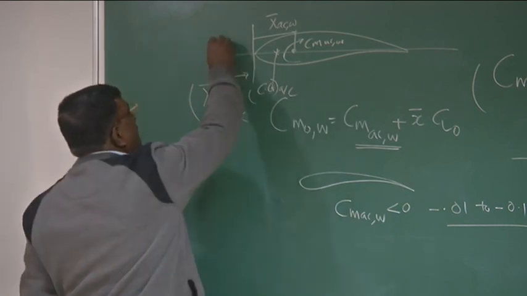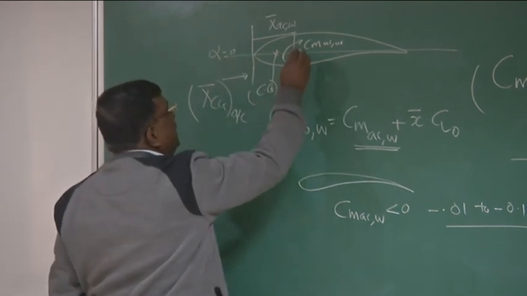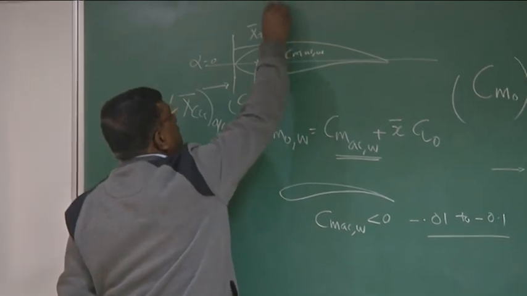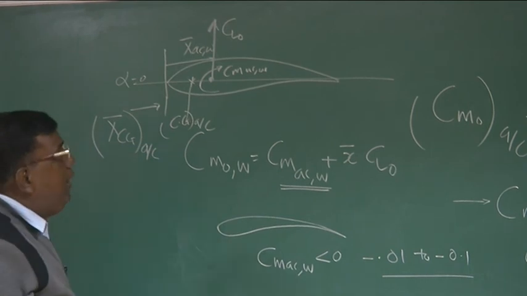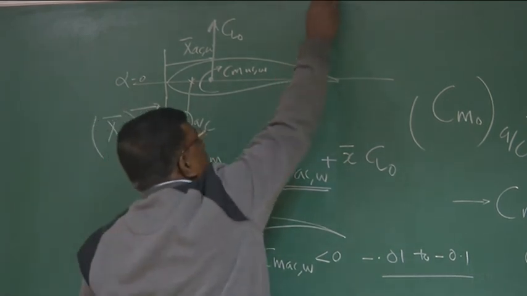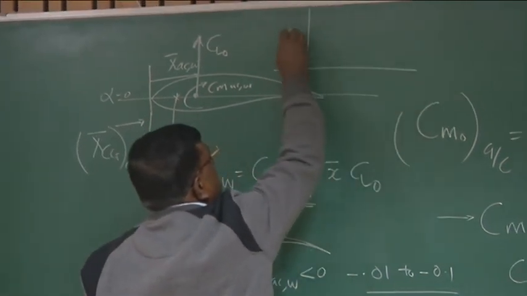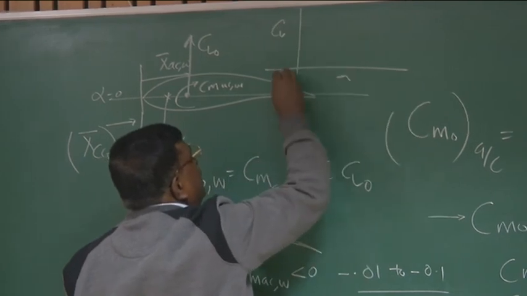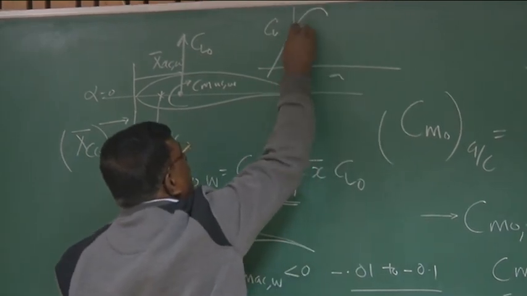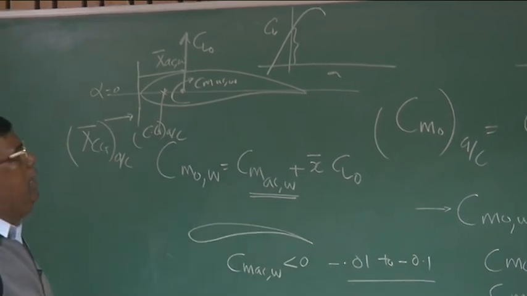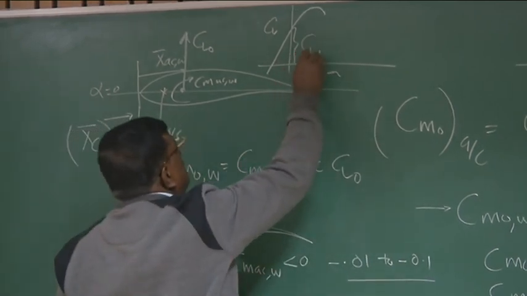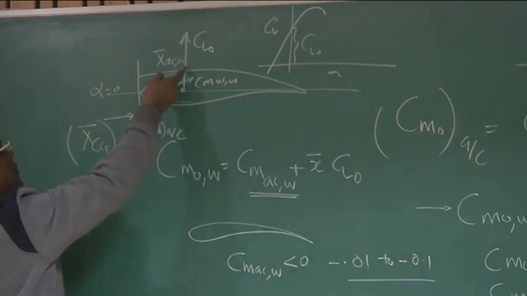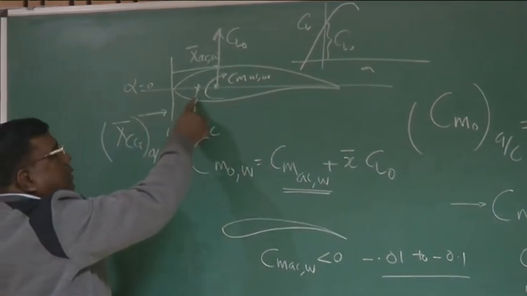And then at alpha equal to 0, you could see that there will be a lift here, which is CL0, the coefficient part. Remember, CL versus alpha, this is CL, this is alpha. For a cambered aerofoil, at alpha equal to 0, there is a CL, which is called CL0. This CL0 also will give you a nose down moment about CG.